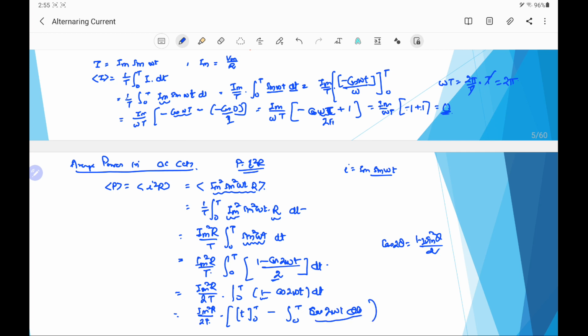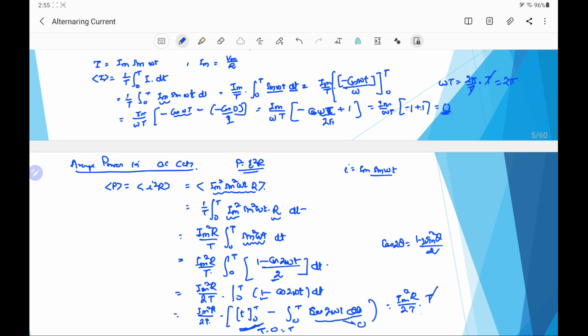This integral of cos 2 omega t dt for a cycle will again be 0, as we have done earlier for the current. Therefore we have Im square R by 2T, and this term gives the value T minus 0, that is equal to T.